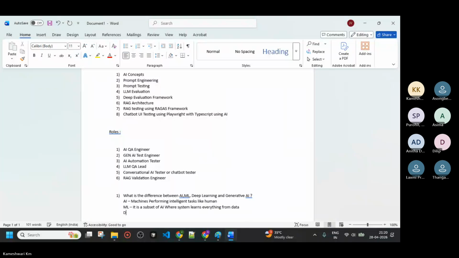Next one is deep learning, which in simple terms we call DL. It is like neural networks with many layers. For our understanding, we can say it is just like our brain.